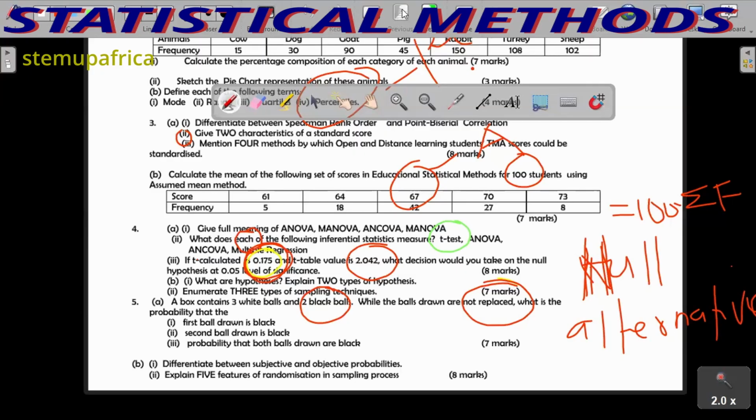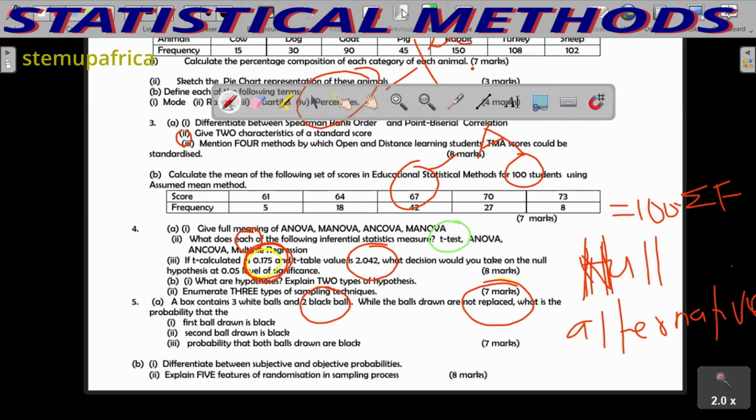Okay. So there are ways of solving probability, subjective and objective. So for the subjective, the probability is not based on facts. That is subjective. It's not based on fact or data or mathematical calculation.